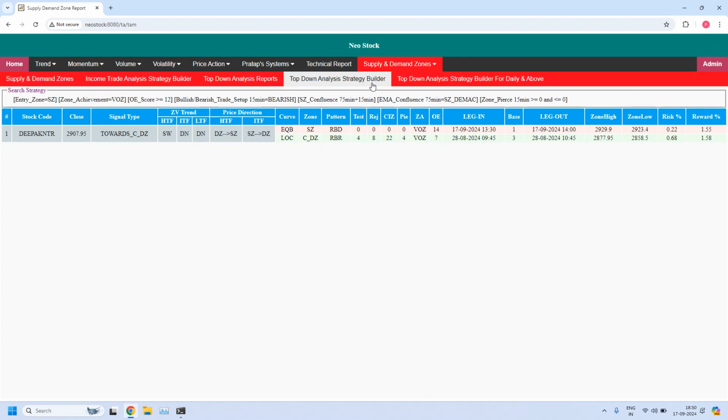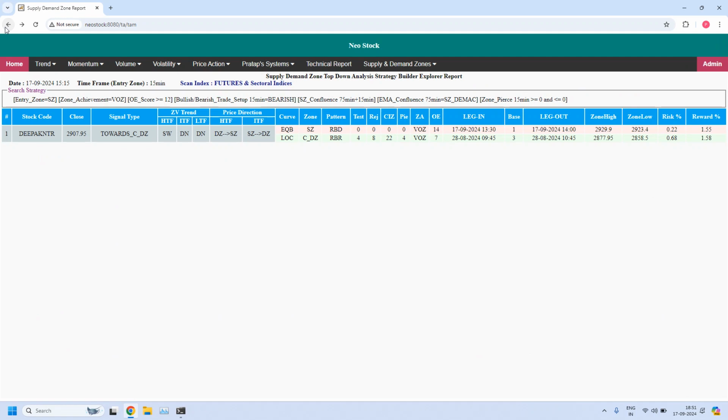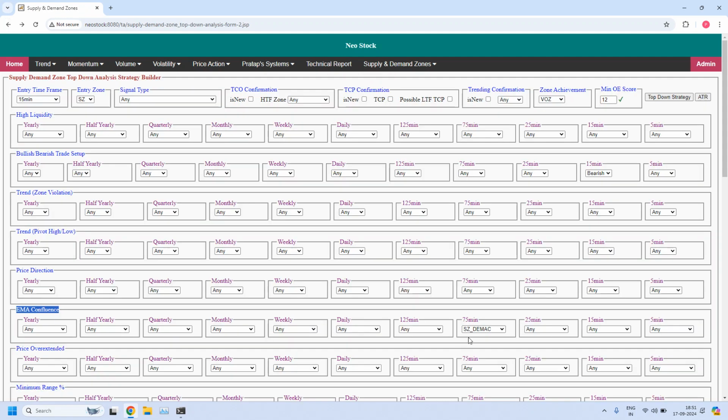Okay, next, earlier 3 stocks were filtered. Out of the 3, how many are having LTF, ITF, HTF confluence? First we need to remove the EMA filter. So where is that EMA filter? Okay, I'm removing the EMA filter.